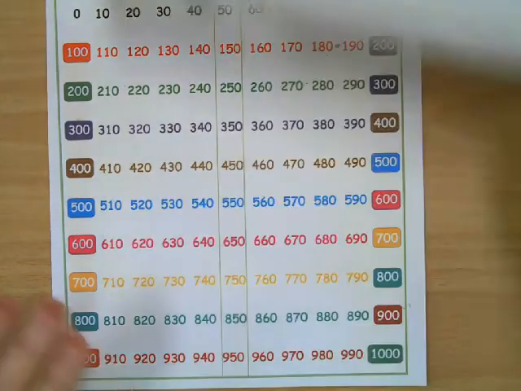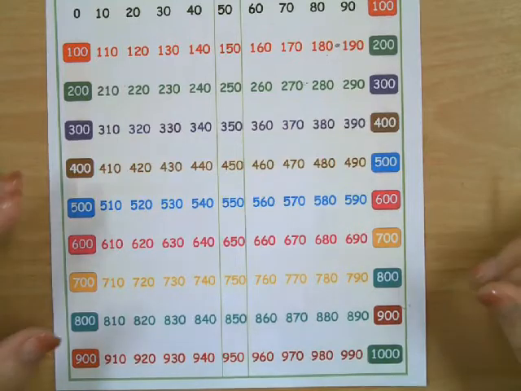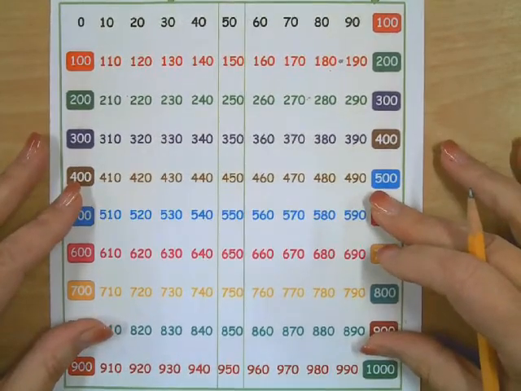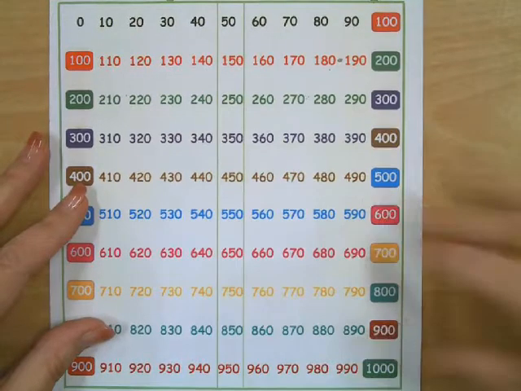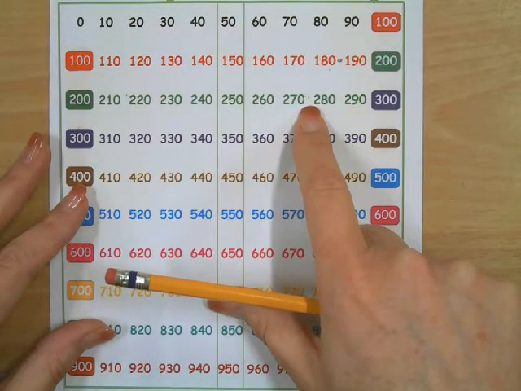Hey, Coulter, back to you. What color is your marker? The dark red? Okay. So now I want you to find 279 for me. Okay? So you're saying it's right here? Does everybody agree? Yes? No?